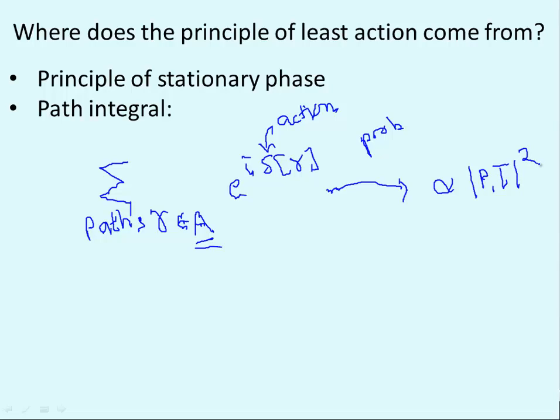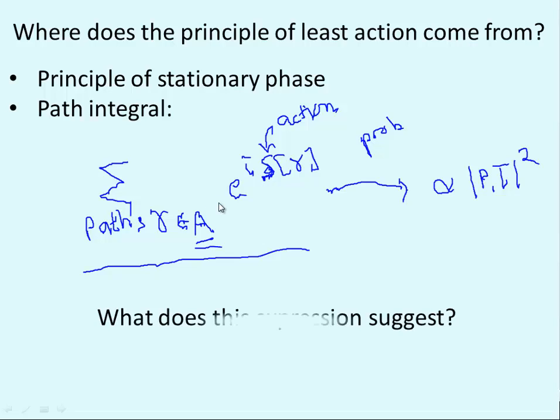So the path integral is really a fundamental mathematical object that determines probabilities, and quantum mechanics is based on these probabilities. This expression, where you're summing over complex exponentials whose argument depends on the action, is really fundamental to all of quantum mechanics or quantum field theory.